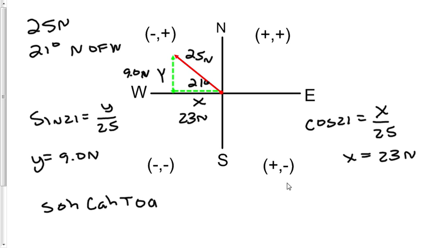Now what we need to do is look at our signs. Again, quadrant 1 is the plus plus quadrant. Quadrant 2 is the minus plus. Quadrant 3 is the minus minus. And quadrant 4 is the plus minus. We then realize our x value should be negative, so we record a negative next to it right now.